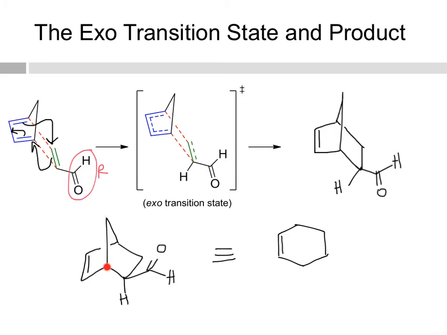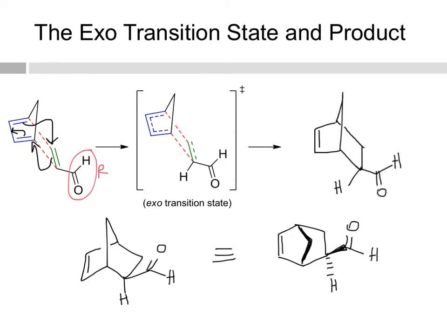Here's the bridge, and it's coming out, which means that you have to show it with wedges. And then on this carbon here, which is the same as this carbon, I've got the hydrogen going at the back, the aldehyde coming out at the top. So the hydrogen is going at the back, and the aldehyde is coming out at the top, and I'm going to show that with a wedge bond here.